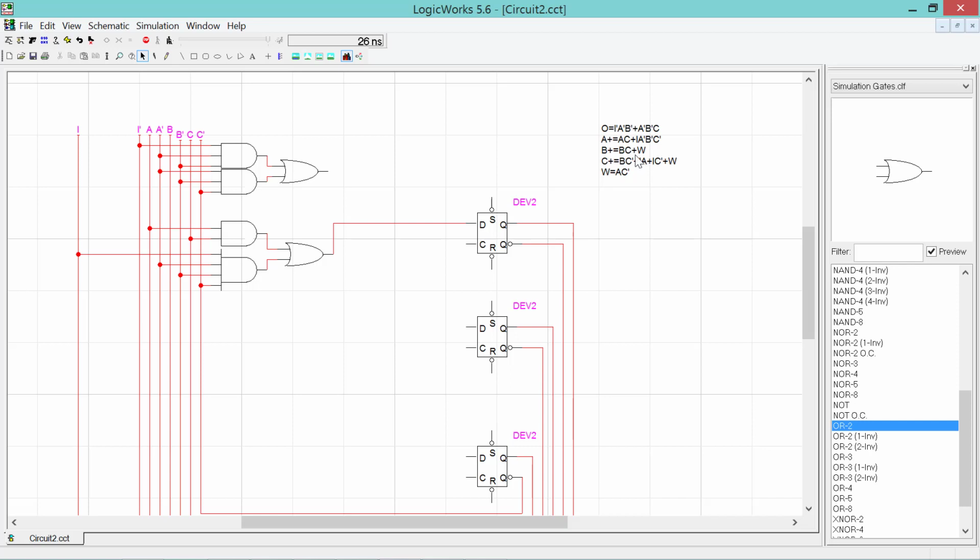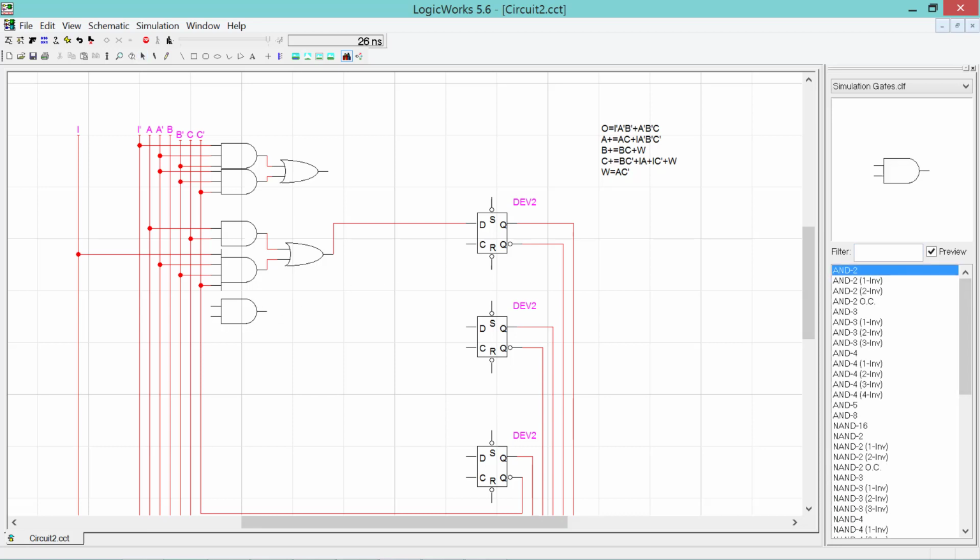B plus, which is BC or W, and C plus, which is BC prime, IA, or IC prime. W should be the last gate we use. So first let's place BC. It's an AND 2. And then AC prime. That's also an AND 2.